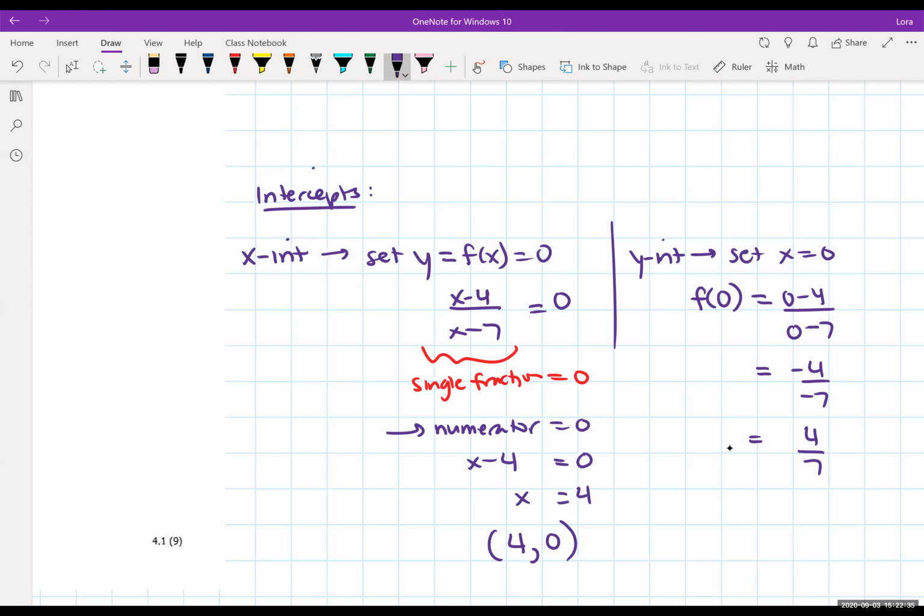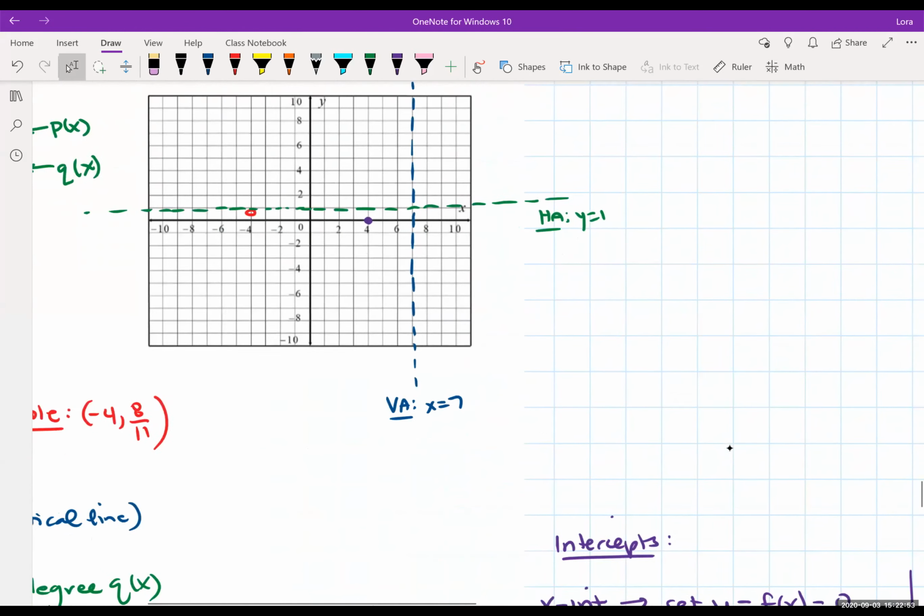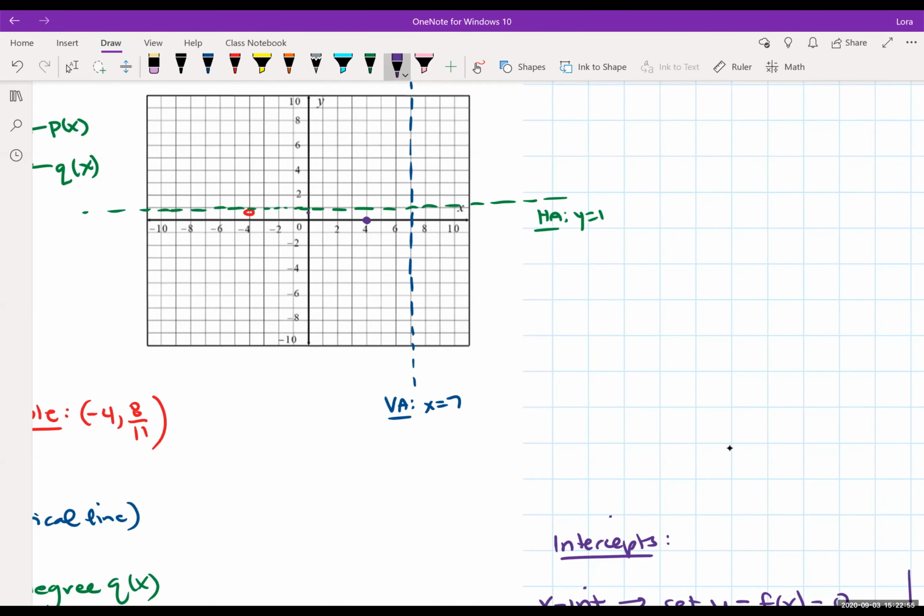So if we're going to write our ordered pair, x is 0, y is 4 over 7. If you'd like to approximate 4 over 7 on your calculator, it is a number that's slightly larger than 1/2. So 0, 4/7, we'll include that on our graph, and we just do the best we can estimating where it would be. But it is hitting the y-axis.